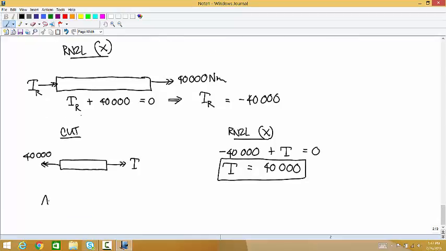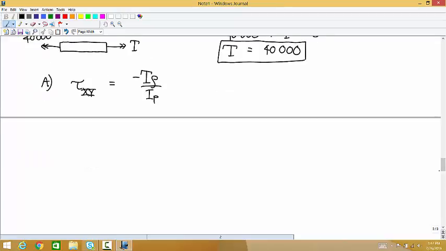So now for the point A, we know that the capital X, capital Y shear stress is equal to negative T times rho over I sub P. We need to calculate that I sub P. So I sub P is equal to pi over 2 times the radius to the fourth, and you get a value of 9.82 times 10 to the minus 6 meters to the fourth.